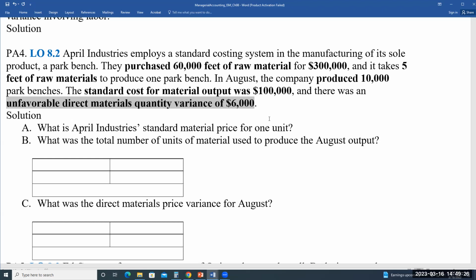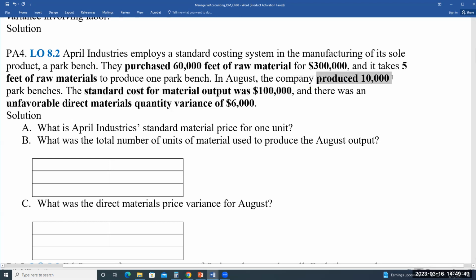So to figure out the standard material price, again, it should say the standard price per unit of materials is what they should say. Right. Because the standard cost is $100,000.